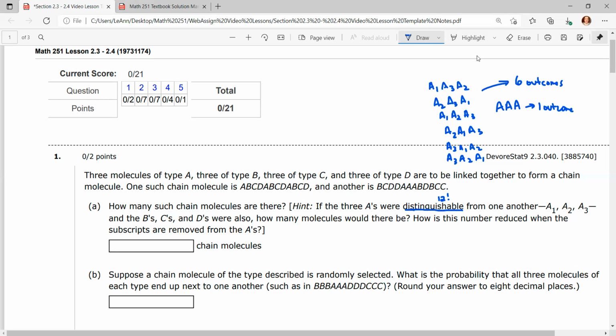So if you look at this, we know that we went from 6 outcomes down to 1. Well, that was 3 factorial for the 3 distinguishable items. And we divide that by the number of repeated elements. So for this one, since there are 3 repeated A's, we also divide by that factorial.